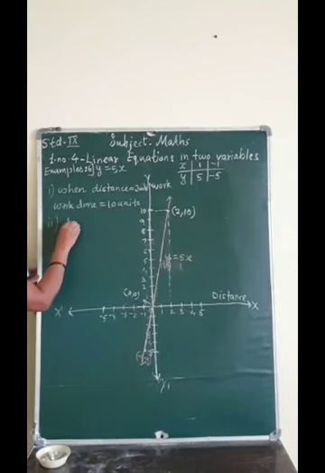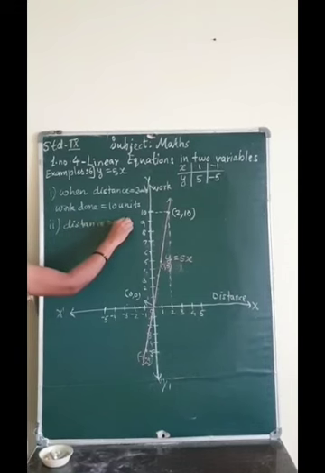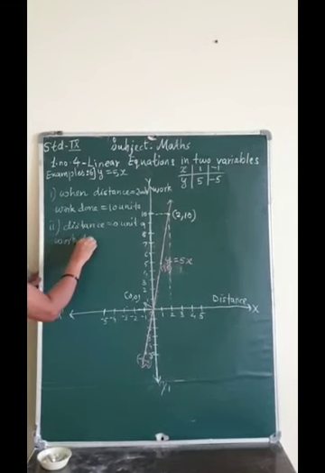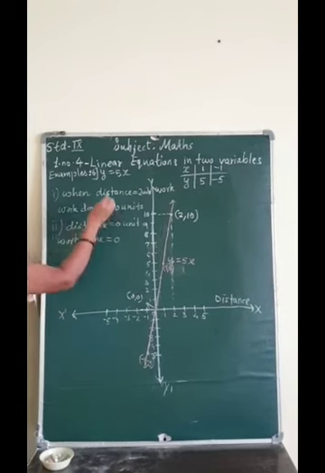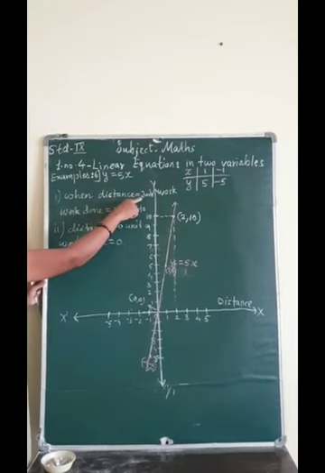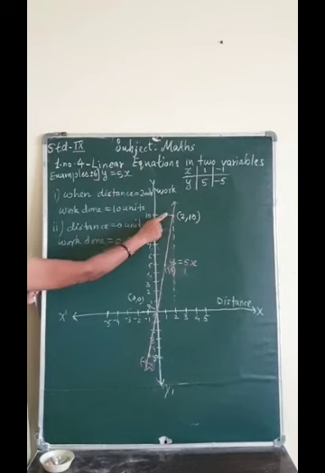Second, when distance is 0 units, work done is 0 units. That we can get easily by putting the values of x here, but we have to read it from the graph, so you have to show it this way.